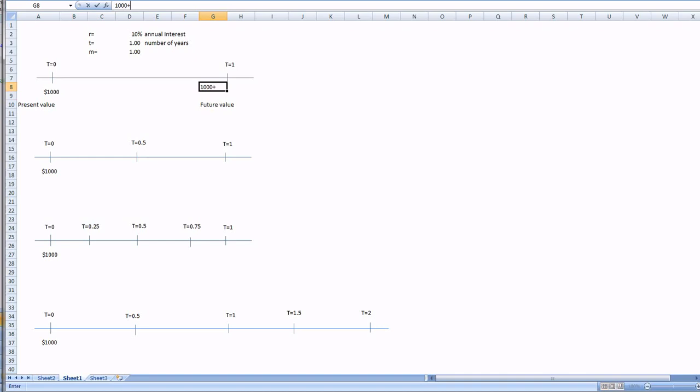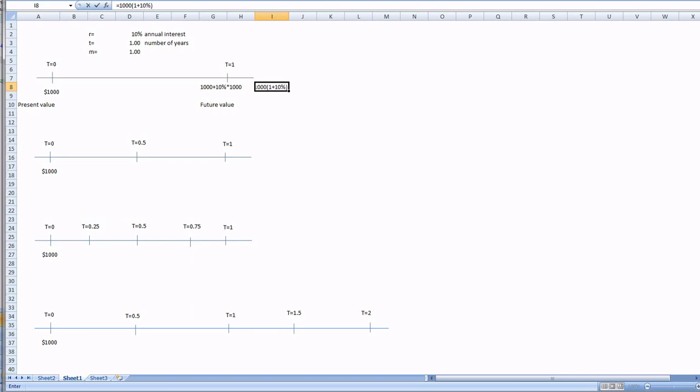So interest is calculated as 10% of the amount that you lend him. So it's 10% multiplied by $1,000. This will give you $1,000 into 1 plus 10%.